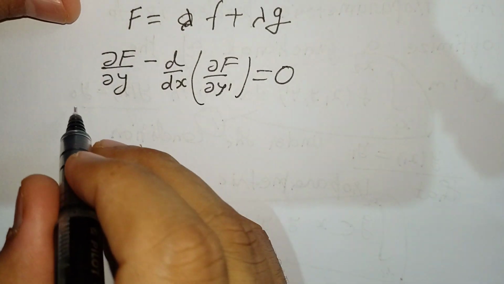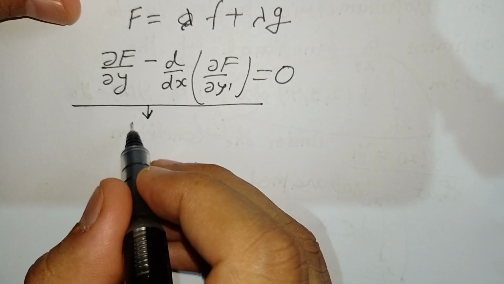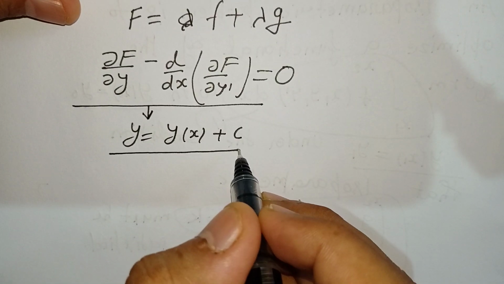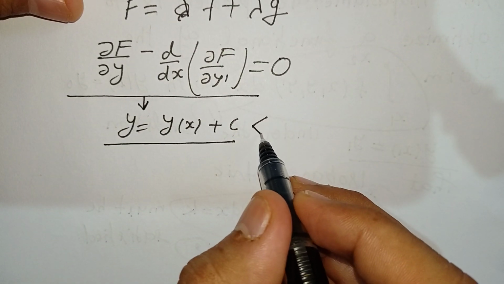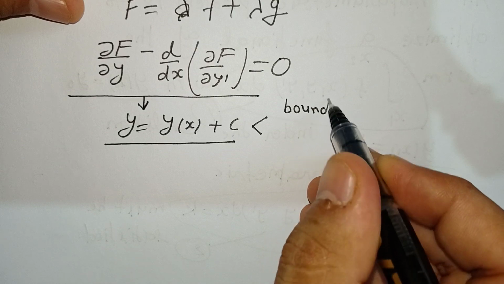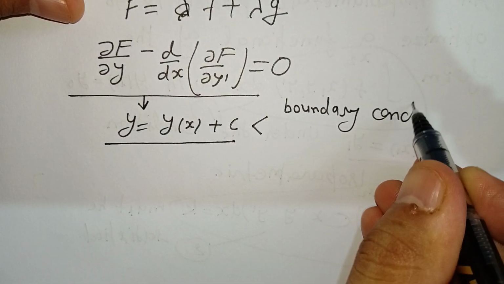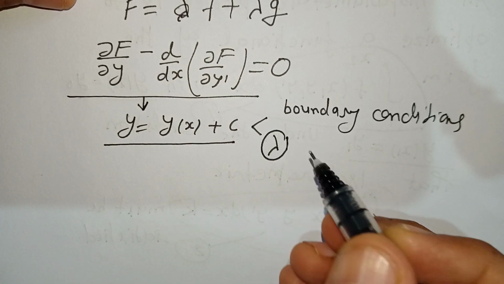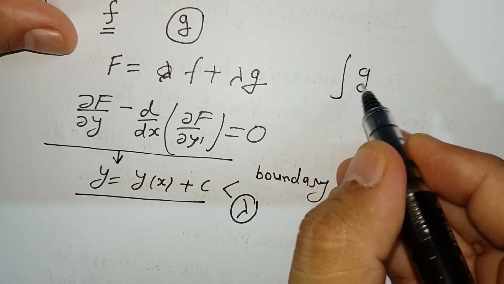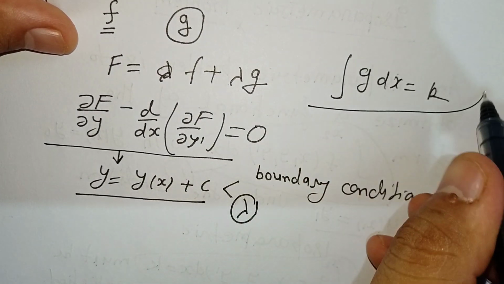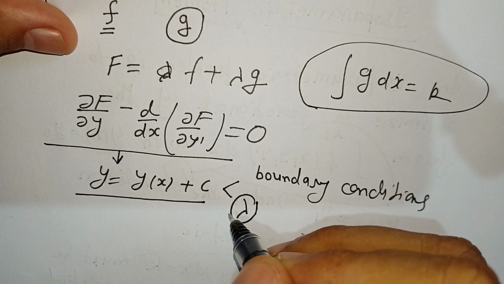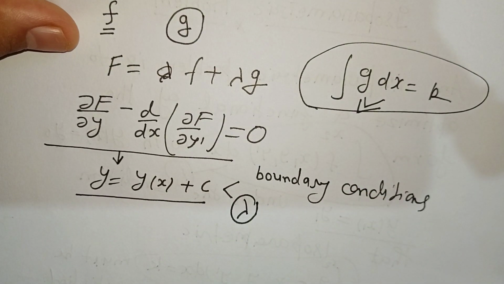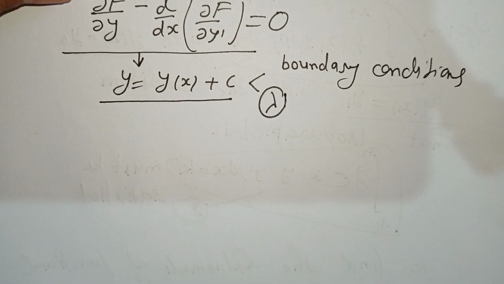Okay, so from here we get the function y equal to y(x) plus c, and this c we can eliminate by applying the given boundary condition. And lambda we will get from the given constraint, integral of g dx equal to some k. So the lambda value we finally substitute in that functional and try to get the lambda from this given constraint. I'll take one problem so the steps will be clear.